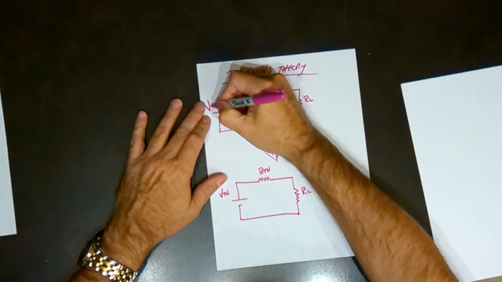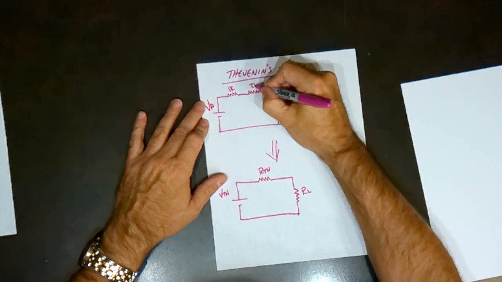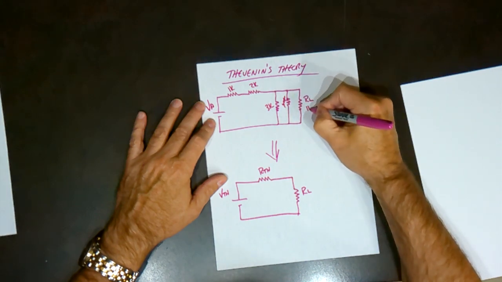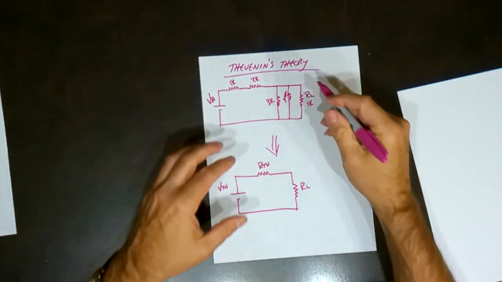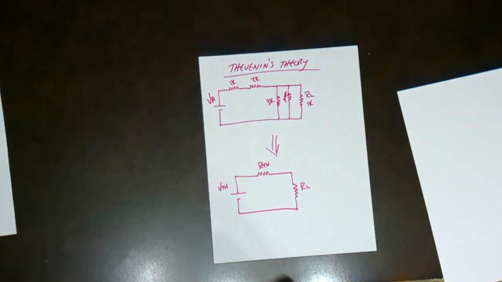So whatever voltage we had and whatever all these resistors were, we would simplify this circuit down to this one.